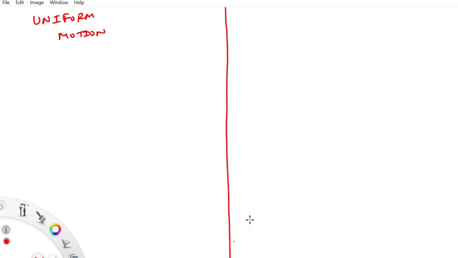Let us have a look at these two kinds of motion: uniform motion and non-uniform motion. Let us look at the difference between these two terms.